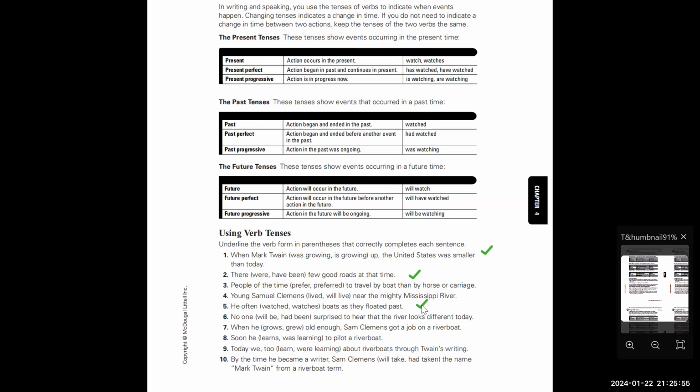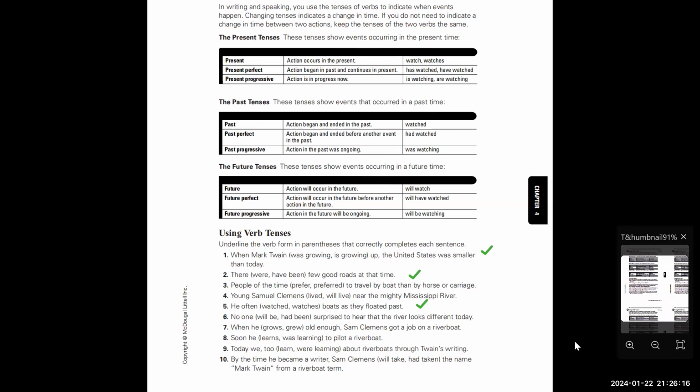Now, so your answer is had been, right? Okay. So the correct answer there is will be. No one will be surprised to hear that the river looks different today.